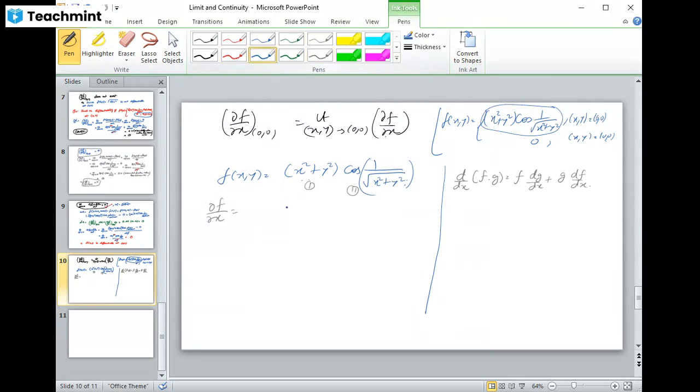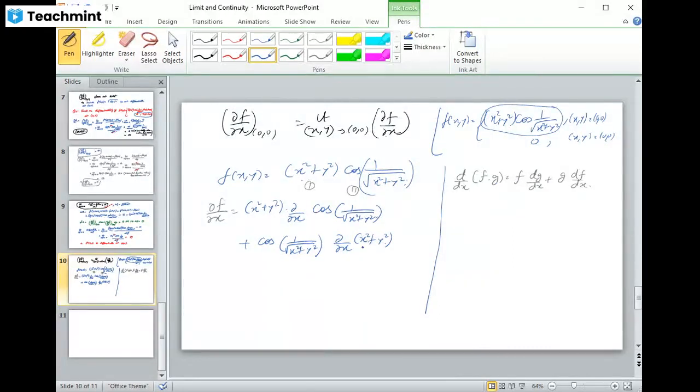So it is equal to the first function (x² + y²) into the derivative of the second, ∂/∂x of cos(1/√(x² + y²)), plus cos(1/√(x² + y²)) into ∂/∂x of (x² + y²). Here we have applied the formula: derivative of f into g is f times the derivative of g plus g times the derivative of f.